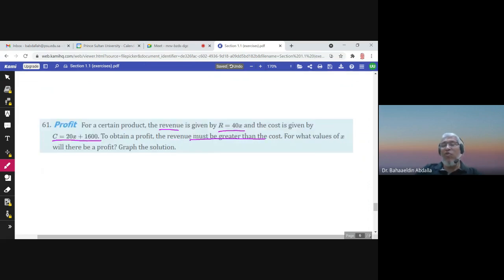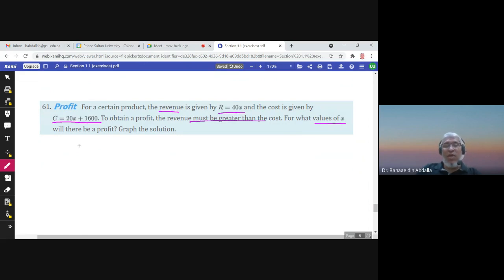The question, for what values of X will there be a profit? Well, there will be a profit when the revenue is greater than the cost. The revenue is 40x, so it should be greater than the cost, which is 20x plus 1600. And we need to solve this inequality to find the values of x.